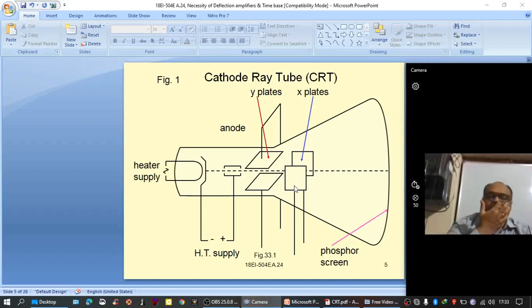So when the ramp is moving from 0 to the positive value, the electron beam gradually starts moving from left to right on the screen. And during the period for which the ramp reduces from maximum value to zero, the electron beam will move back from right to left.